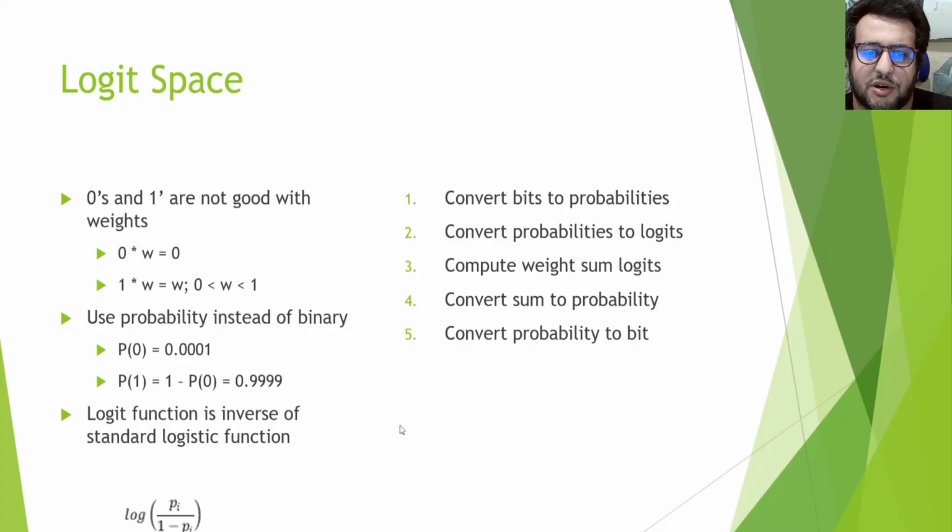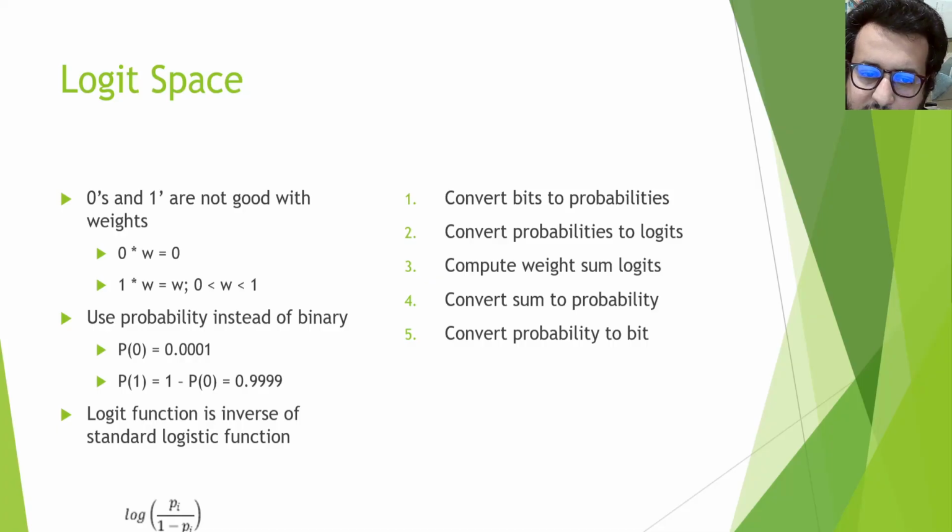Now, because my algorithm is working with binary numbers, I'm focusing on the binary portion of this. So we can't use zeros and ones with weights. Essentially, if you multiply a weight by a 0, you will get a 0, and if you multiply a weight by 1, you will get some fractional number between 0 and 1, but not quite 0, not quite 1, and we can't really use that as a binary number.